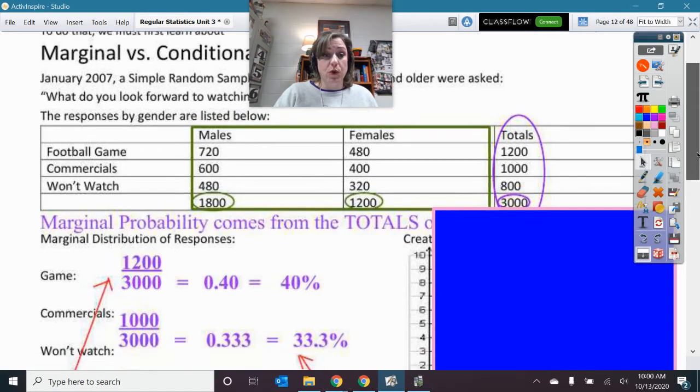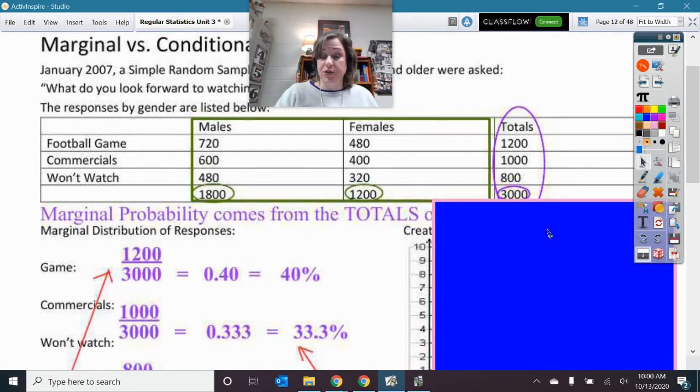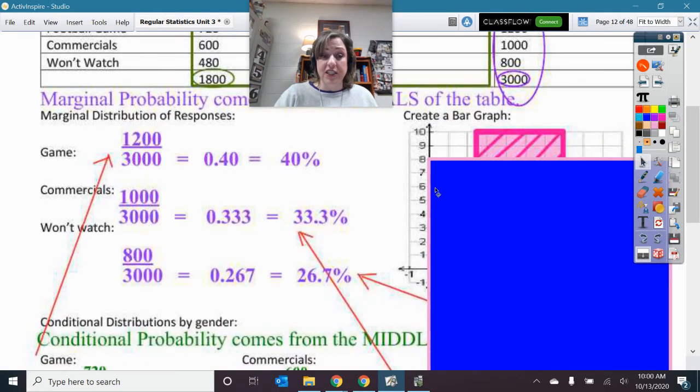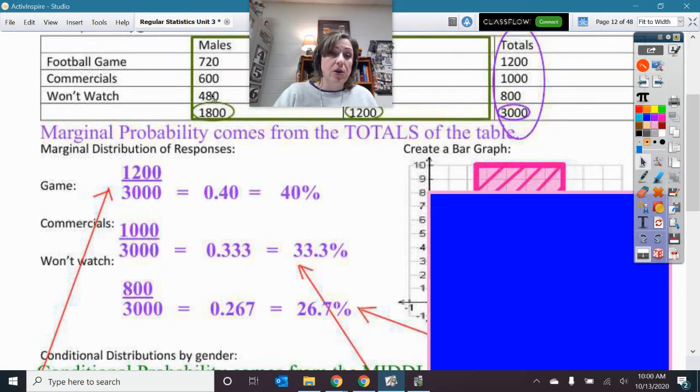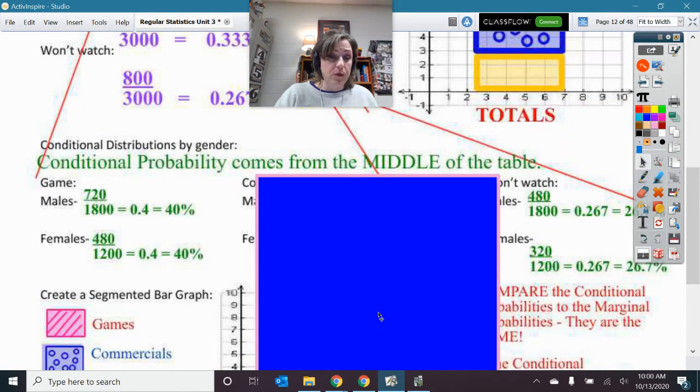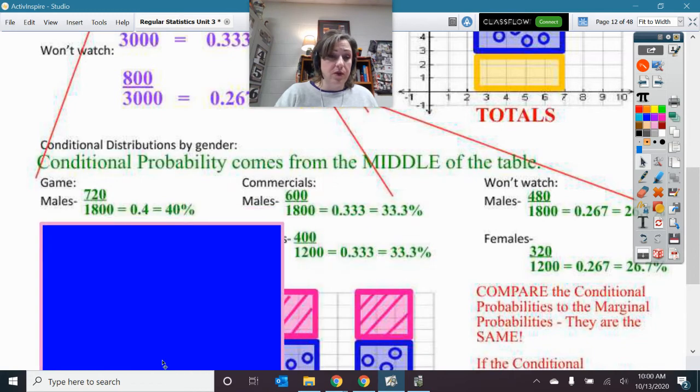The males were out of the total 1,800, so that's going to be my denominator. Given that you're one of the 1,800 males, what rate did you do those things? So my fractions will be 720 over 1,800 for the watching of the game.